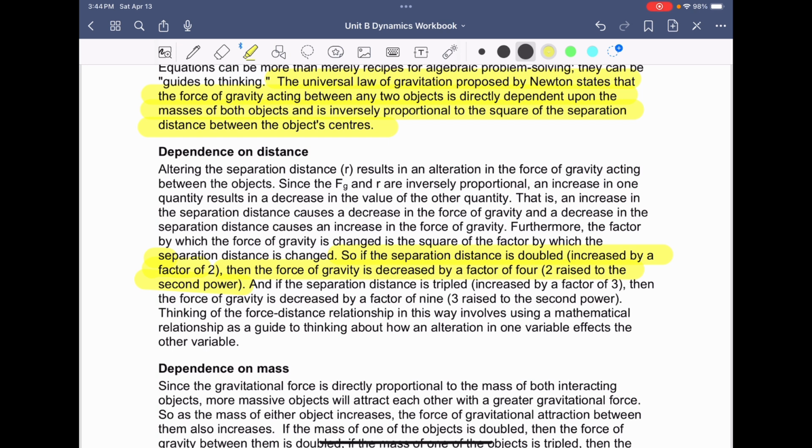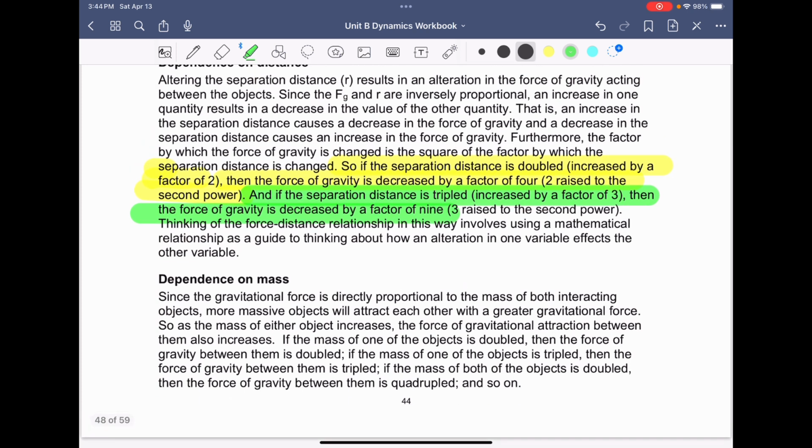Now, let's say we triple the distance between the two. Then the force is decreased by a factor of 9, because if we square 3, we get 9, so it's going to be 1 over 9. Now, where we go with mass, which is directly proportional: as I increase the mass, I expect to directly affect the overall force between the two.